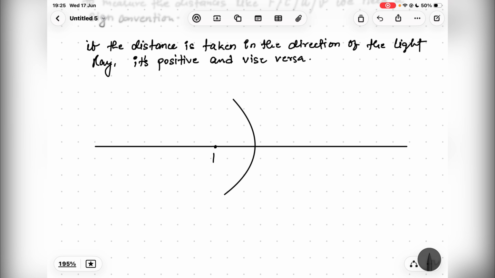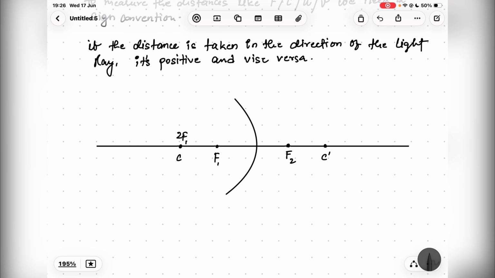Suppose this is focus, this is center of curvature, which is also called twice the focal length, and this is the virtual focus, and this is the virtual center of curvature, and this we can say 2f2.